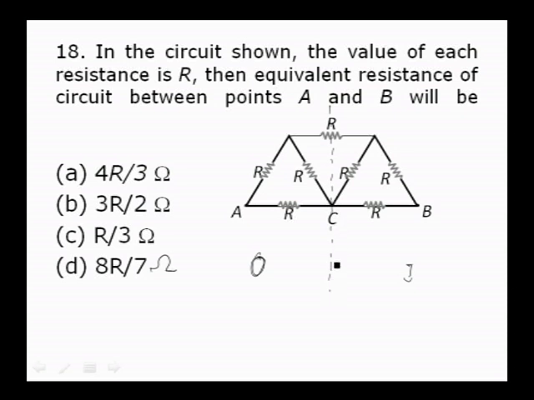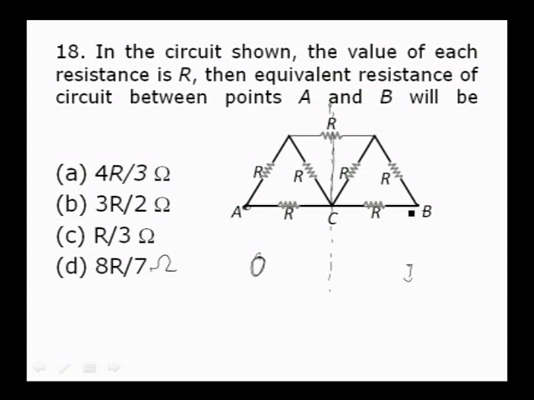This is called mirror symmetry. Then you consider only this portion. After calculating this portion, you multiply by 2, because this and this are identical. We get the resistance between A and B.